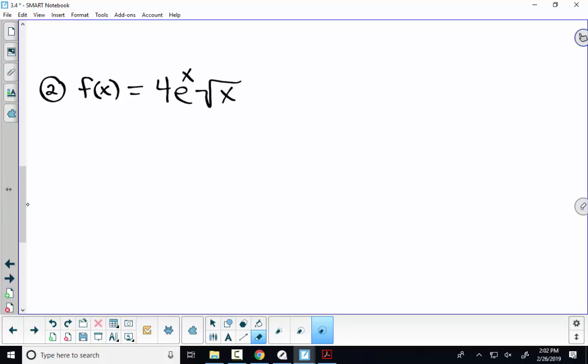So all you did here was rewrite the square root of x as x to the 1/2, so you still have to take the derivative of that.